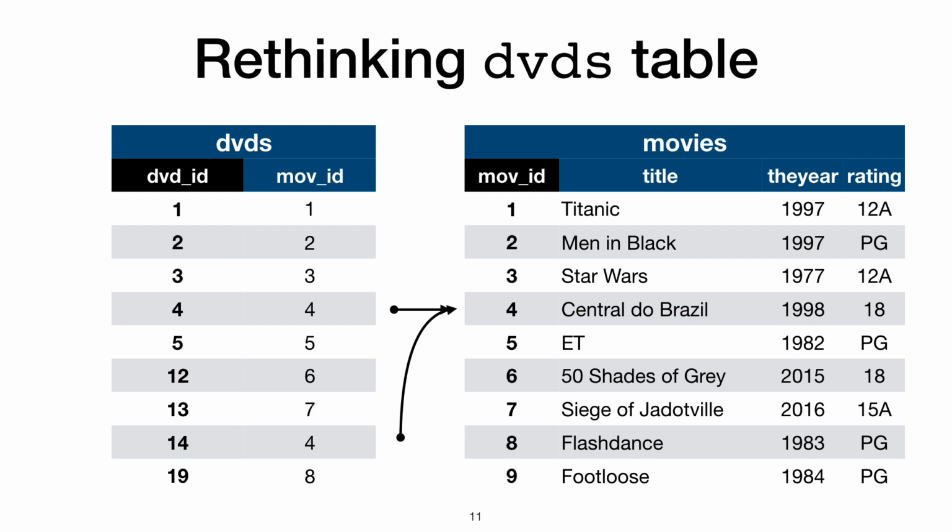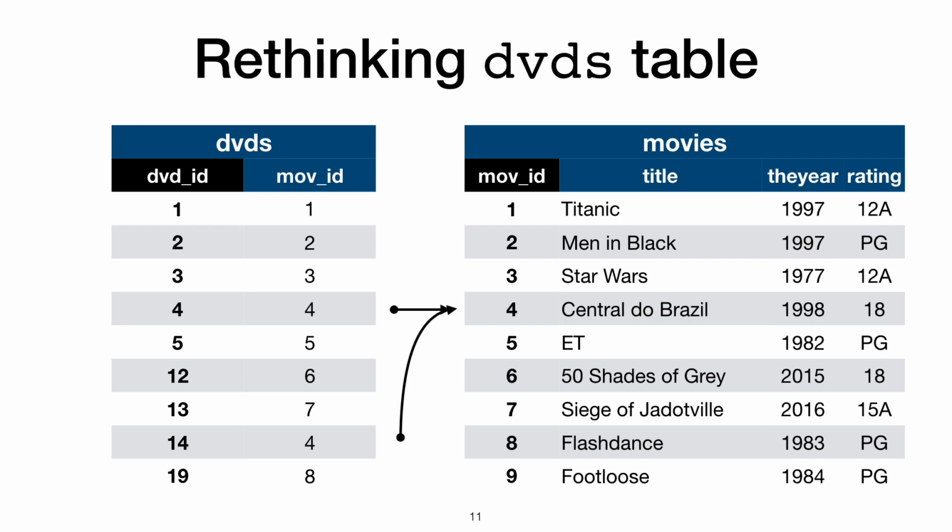So the DVD ID is the primary key there, and that tells us the ID of the disc. And then movie ID, that's associated with each entry there. So each row of the table has a disc ID, a DVD ID, and a movie ID. And then we have a separate table that tells us about the movie titles themselves.